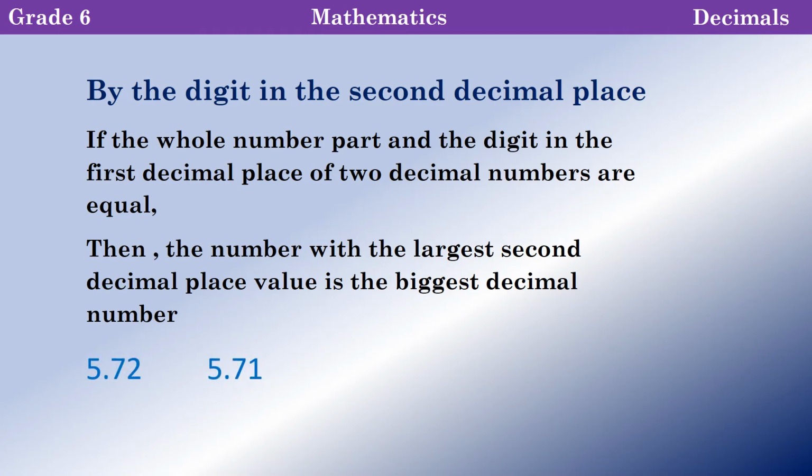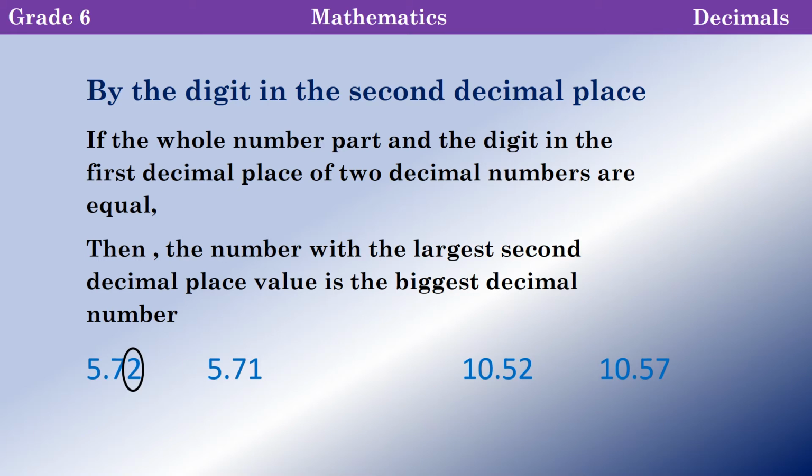We have a pair of decimal numbers 5.72 and 5.71. And also we have another pair of decimal numbers 10.52 and 10.57. When you compare the first pair, we can see that the whole number and the first decimal place are equal in both decimal numbers.